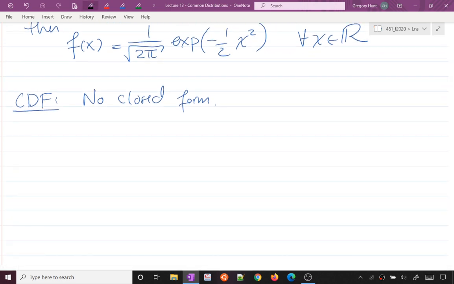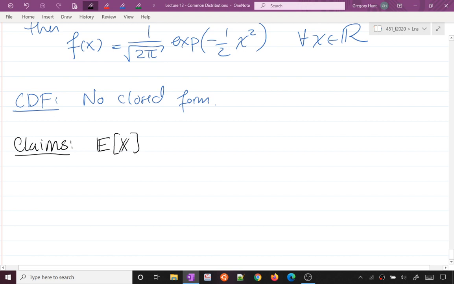We had also made some claims that we didn't show, and I think you'll believe them: the expected value of a normal random variable is the parameter mu, and the variance of a normal random variable is sigma squared.